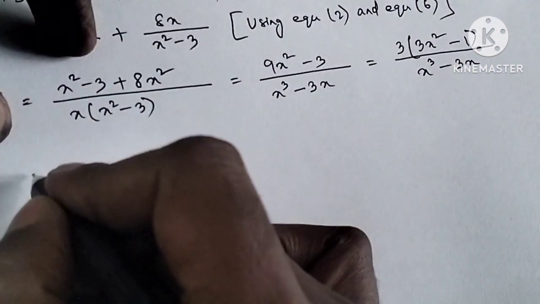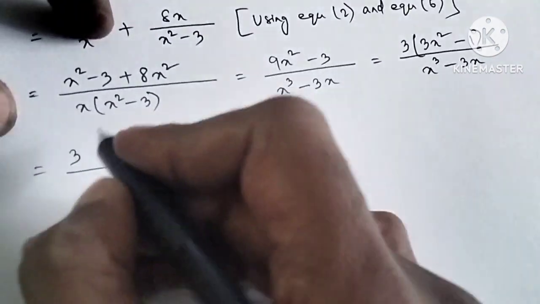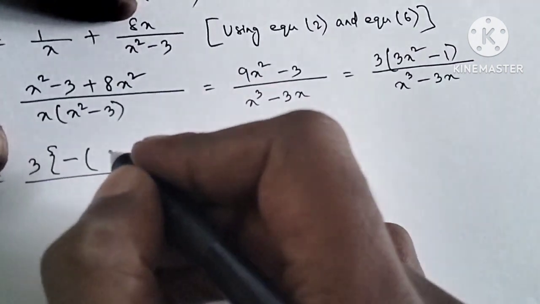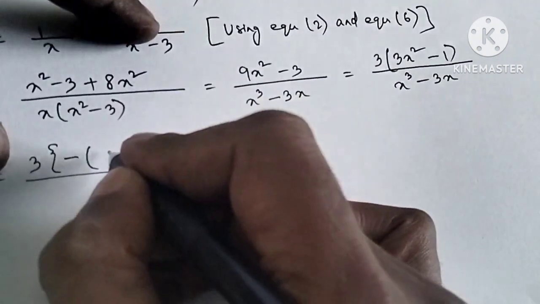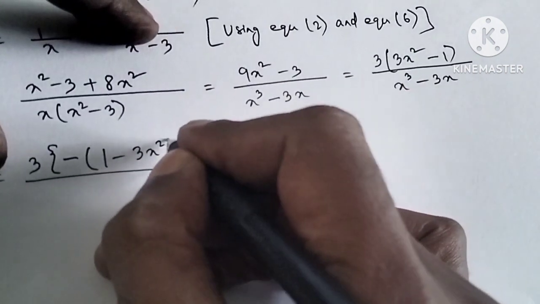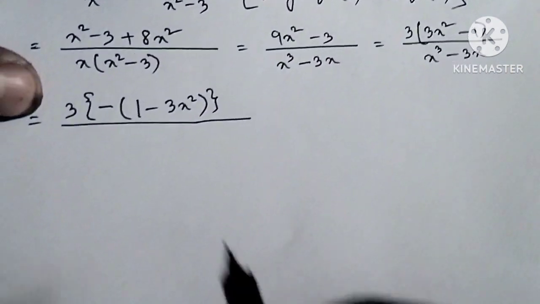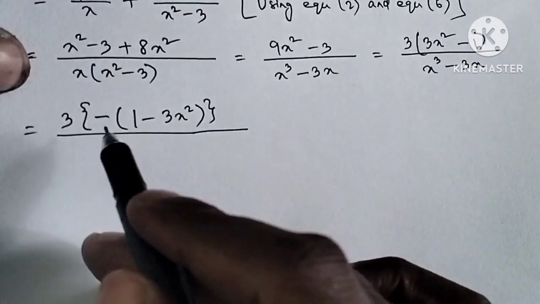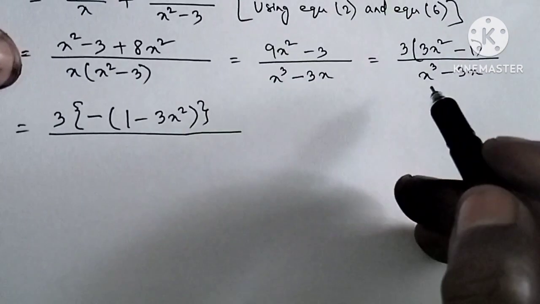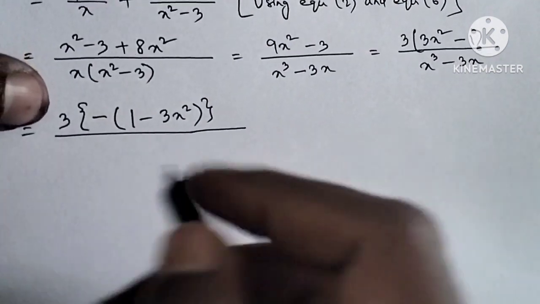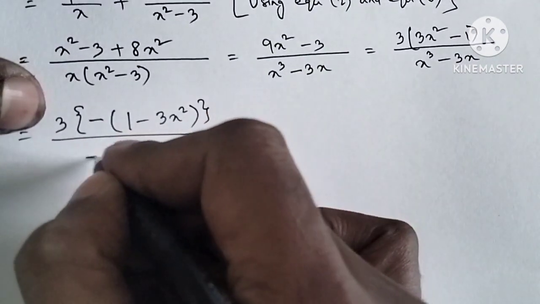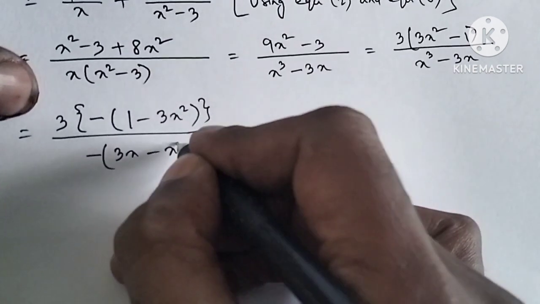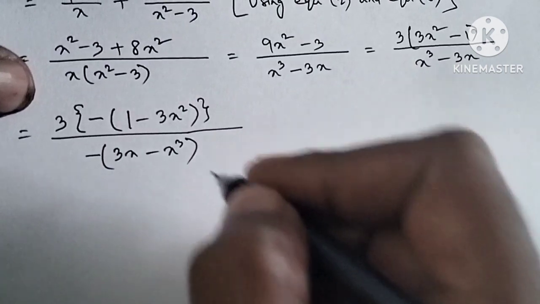So this I can write in this way also, 3 into minus (1 minus 3x square). Okay, this I can write in this way also, 3 into 3x square minus 1, I am writing it as minus (1 minus 3x square), and x cube minus 3x I can write in this way also, minus (3x minus x cube), right?